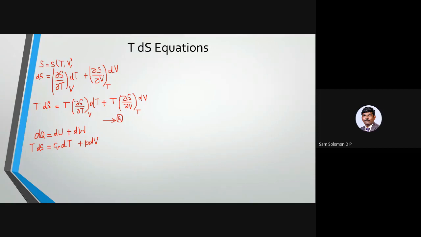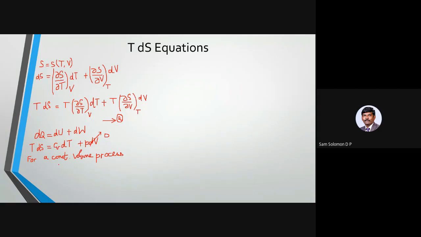Now take a constant volume process. If the volume is constant, then dV is 0, so this term will vanish for a constant volume process.